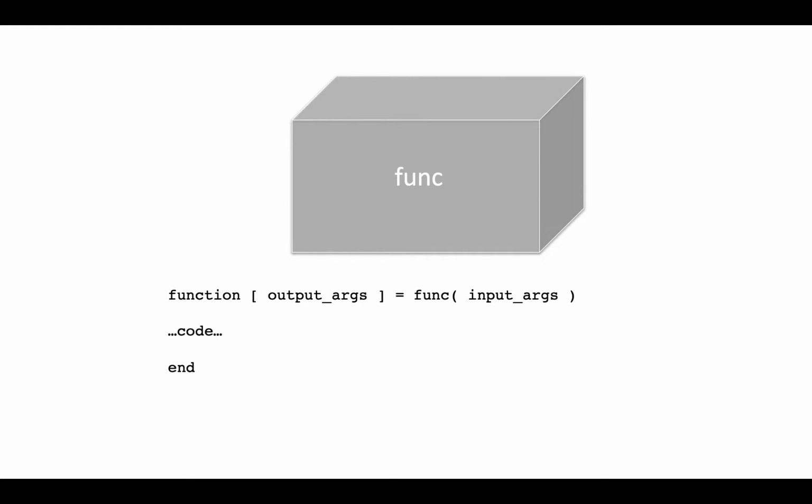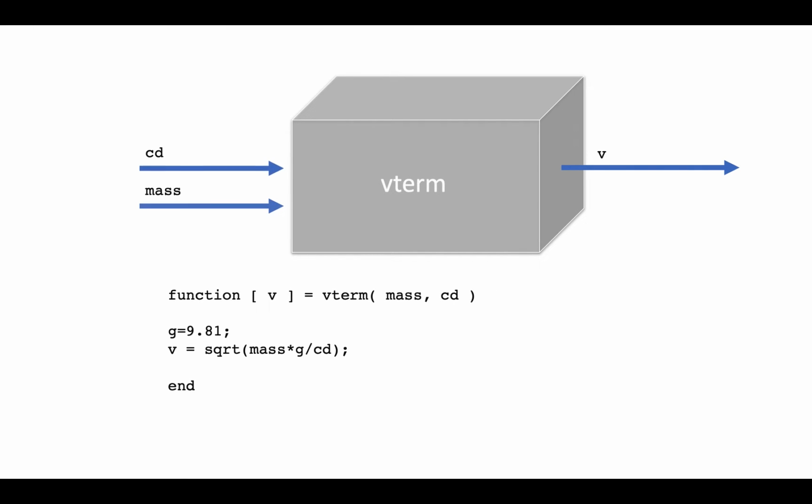You would more than likely have more than one input argument, though you could have just one. You list them in parentheses, separated by commas. Then you write some code to perform some operation on your input arguments and save the results into your output arguments, and then you write end. So you have your input arguments going into your function, and coming out are your output arguments.